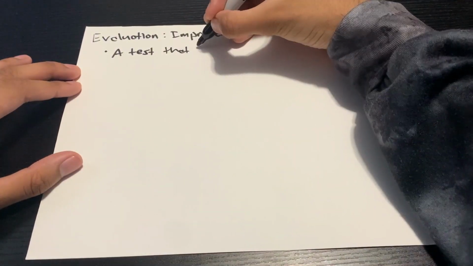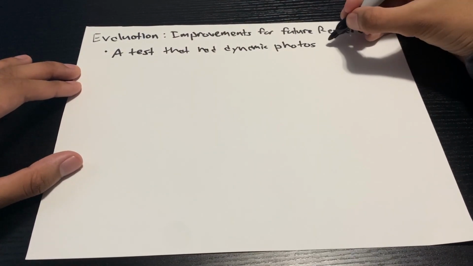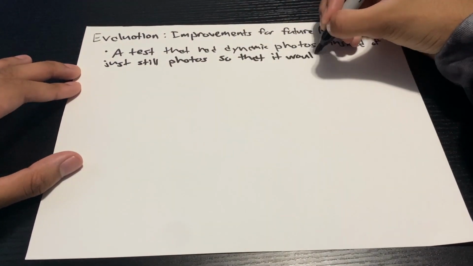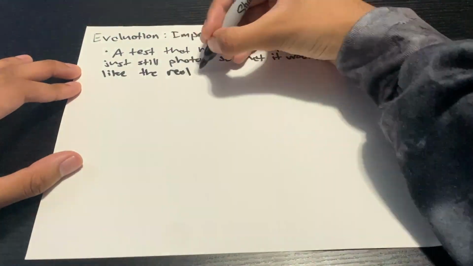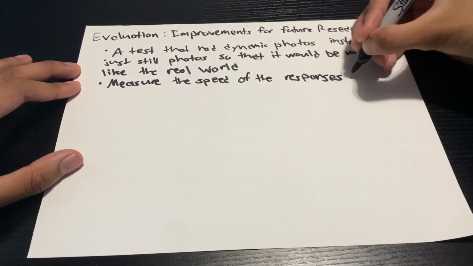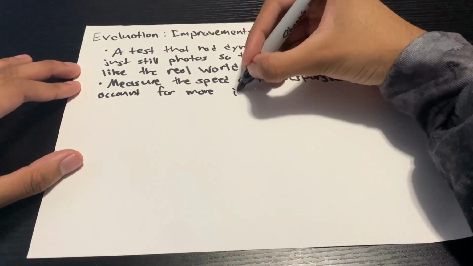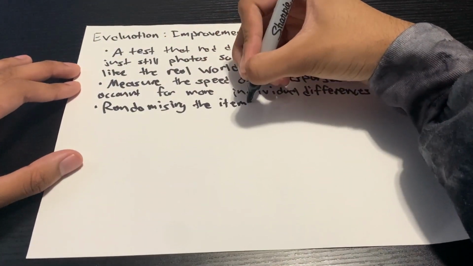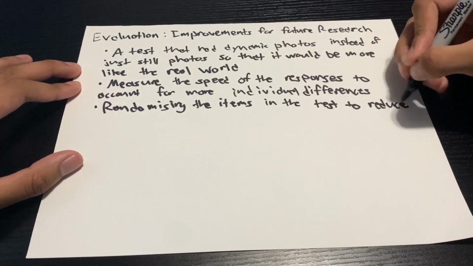For example, a new test could be made that has dynamic photos instead of just still photos or just black and white photos, so that it would be more like the real world. In a new study, researchers could measure the speed of the responses to account for more individual differences between participants. And randomizing the items in the test may help to reduce order effects as well.